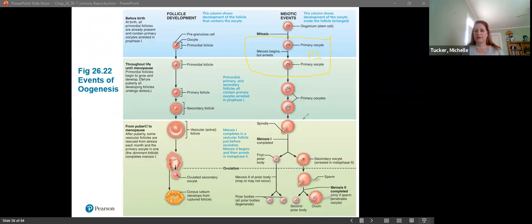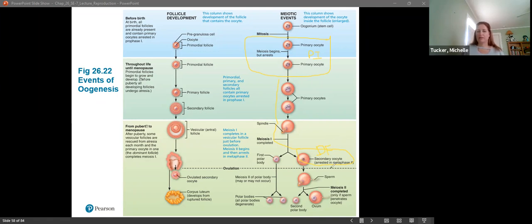Then the primary oocyte, if it is selected for development, will continue. If it's the dominant follicle, it continues through meiosis 1 to the secondary oocyte. So only the dominant follicle is going to reach secondary oocyte.